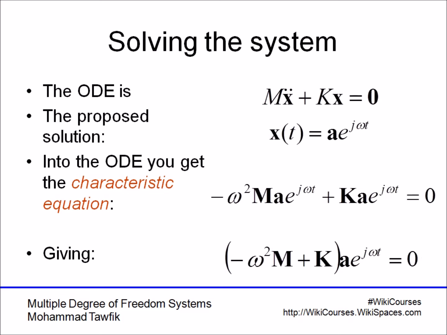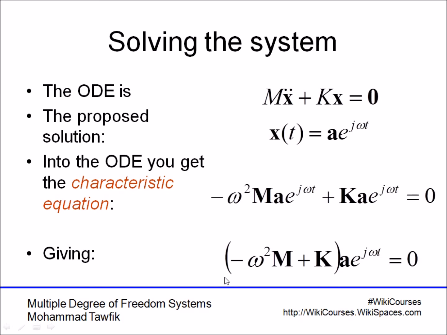So to have a solution, we will have to create the condition where this matrix cannot be inverted. Only in this case something will happen. For this matrix not to be invertible, it has to be a singular matrix, so the determinant of this matrix has to be equal to 0.